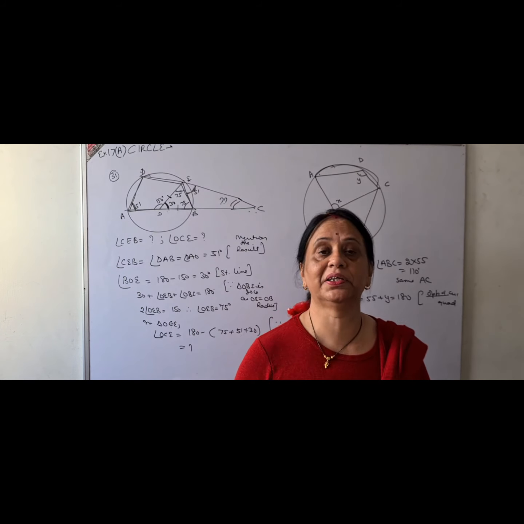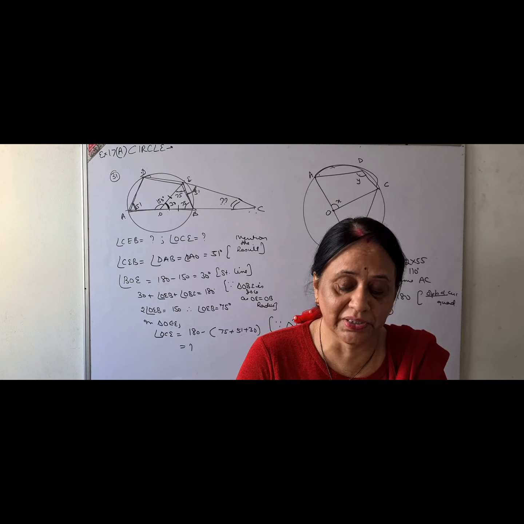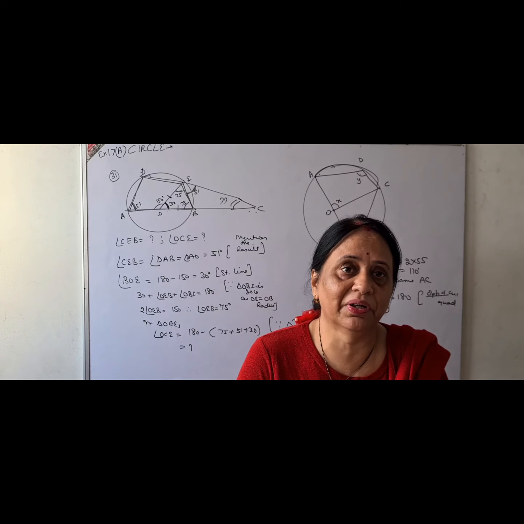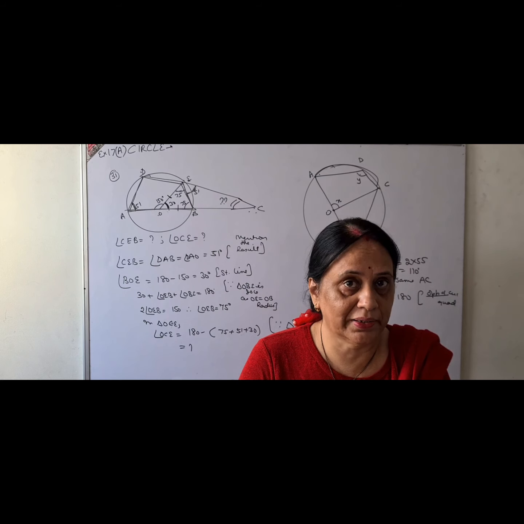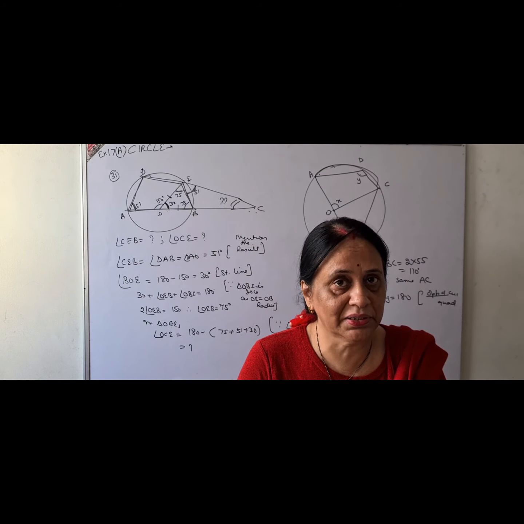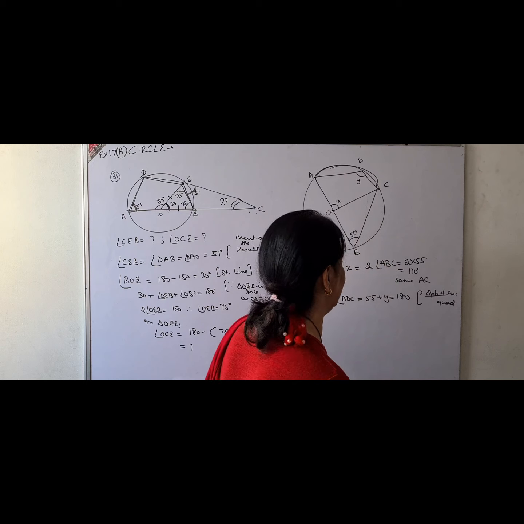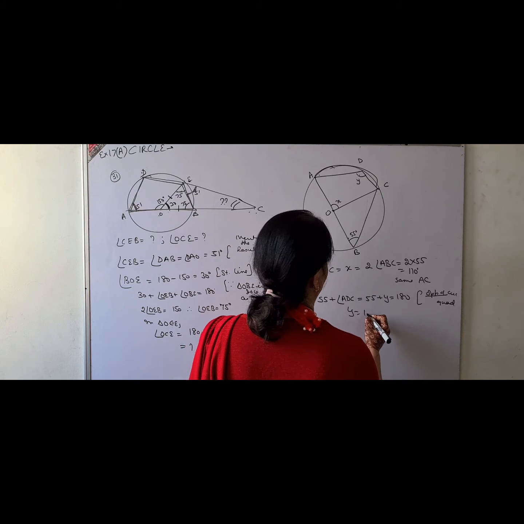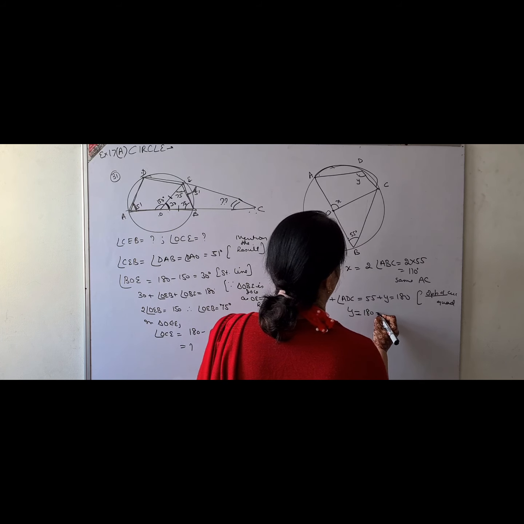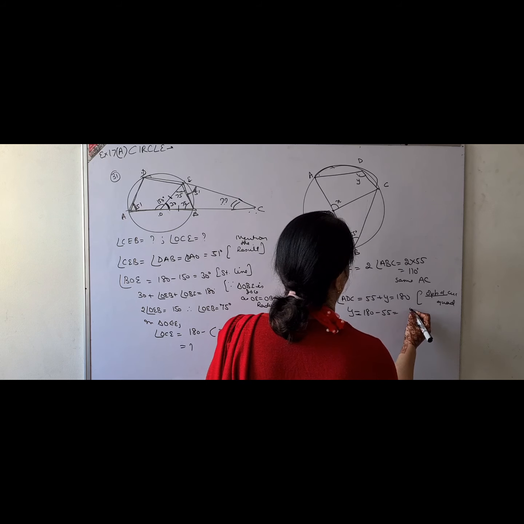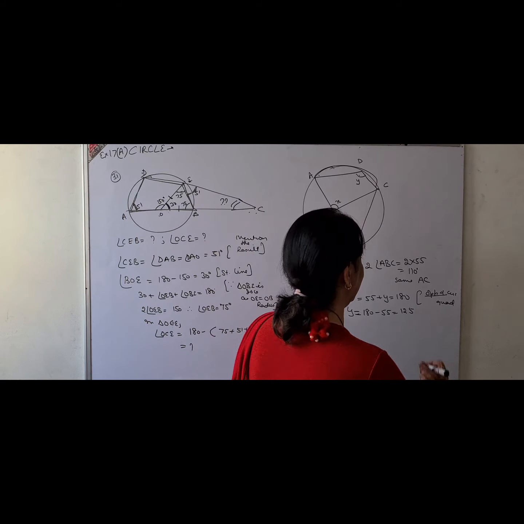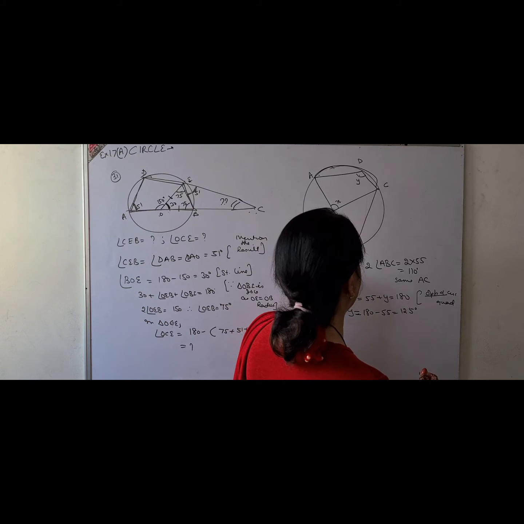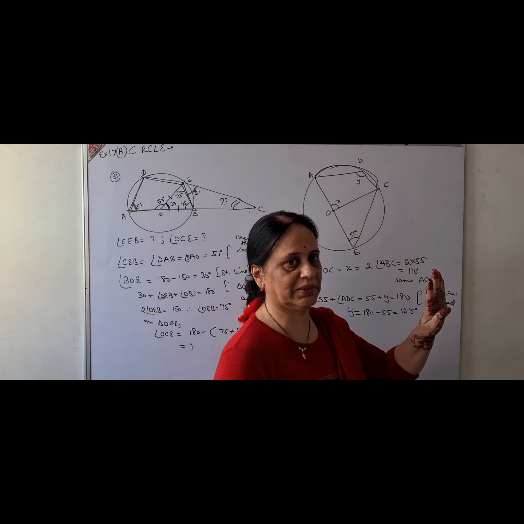You are going to mention it yourself, because in the first almost 30 sums I have given you how to write the results. The same results are to be mentioned, but again I am telling you, if you do not mention the results, you know what will happen. So Y will be equal to 180 minus 55, and that is the required answer. How simple it is, just direct application, 2 lines and 4 marks.